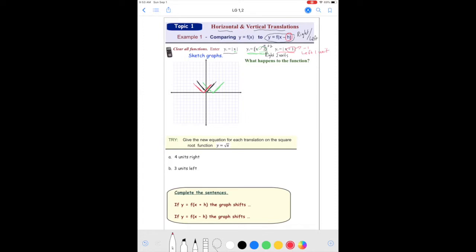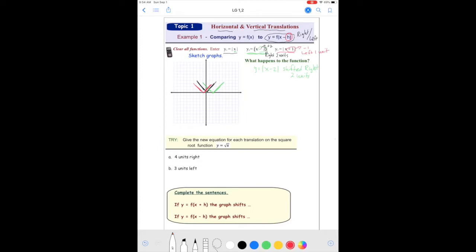All right, so what happens to the function? Well, the green function, the y equals x minus 2, it shifted right 2 units.